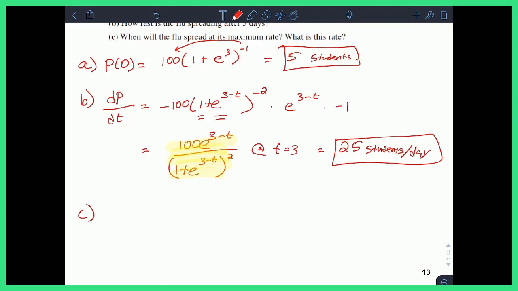Either way you do it, you should get the point (3, 25) as the maximum of the derivative, or a 0 of the second derivative. Specifically, what these numbers represent is that it would take 3 days to reach the maximum, and it would be 25 students per day. That's when the rate of change is going to be the maximum, meaning when this flu is going to spread at its maximum rate. So 3 days in is when we're looking at a big rate of change of the flu spreading around the school. All right, so that is the problem.